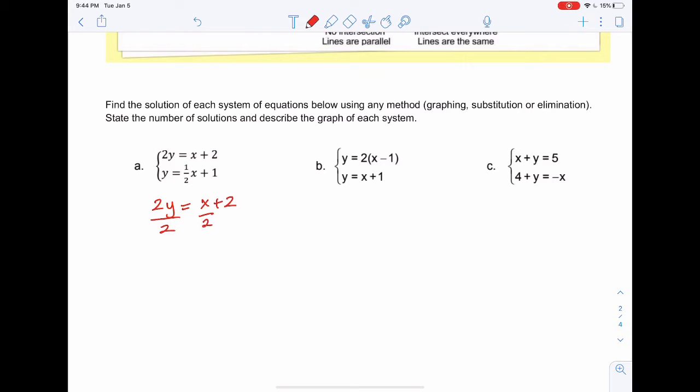I'm going to divide every single term by 2 to isolate y. Then we will have 1 over 2 x plus 1 for the first equation. And I can identify the slope and y-intercept for this equation.